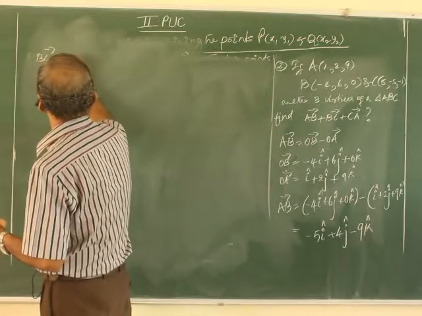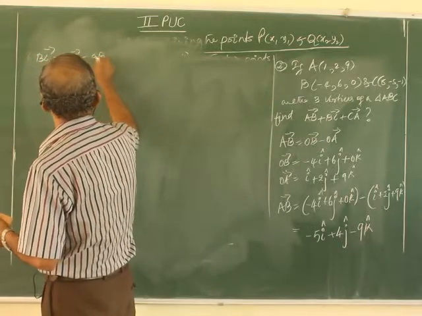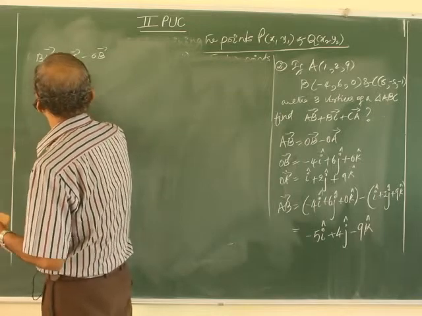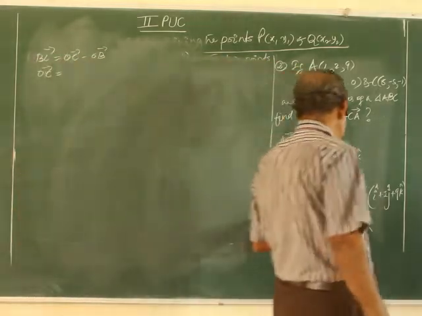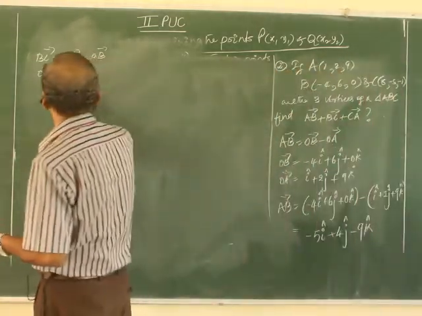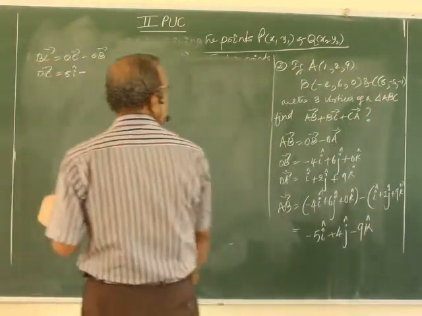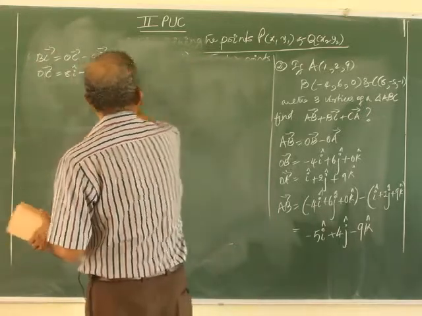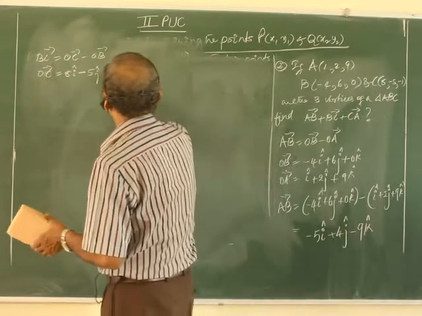BC equals OC minus OB. Vector OC equals 8i minus 5j minus k.